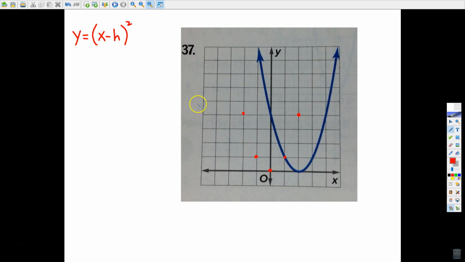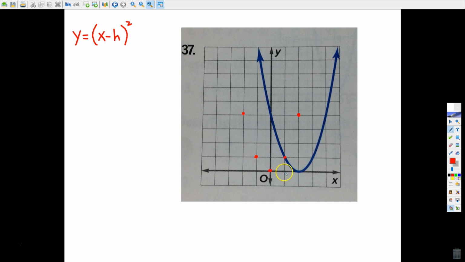Sometimes I use the variable h or k, it really doesn't matter, but this number that sits in this spot tells me how the shift was made horizontally, and if it's a positive number, then I moved it to the right. If it's a negative number, then subtracting a negative would change this entire part inside the parentheses to plus, x plus something.